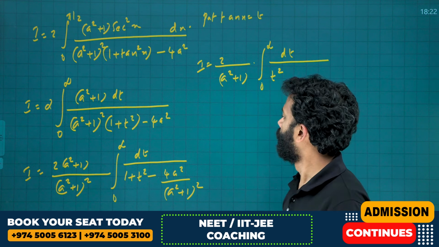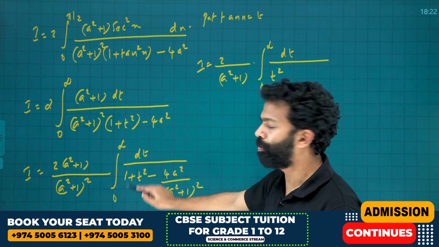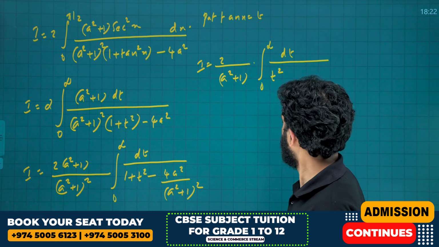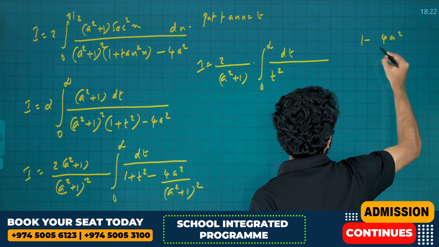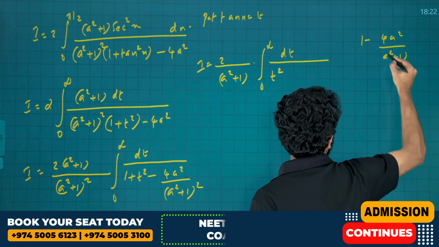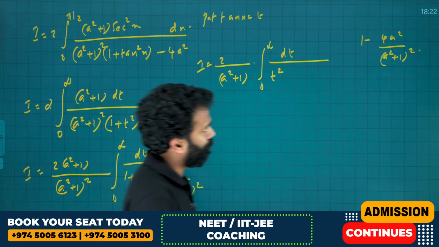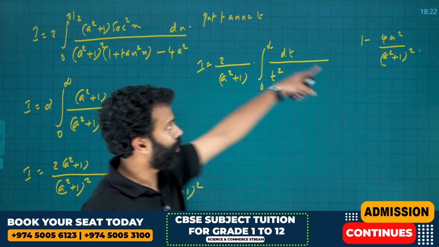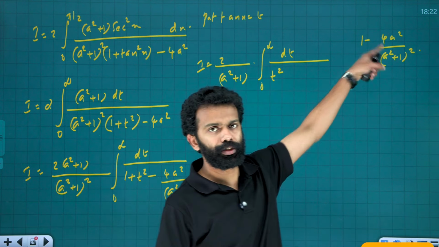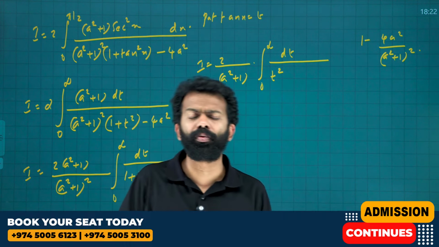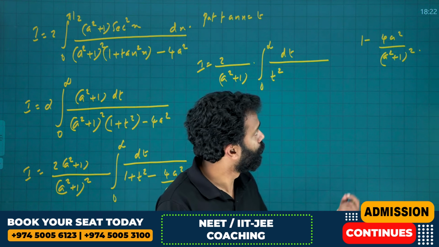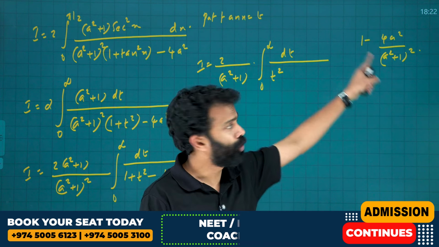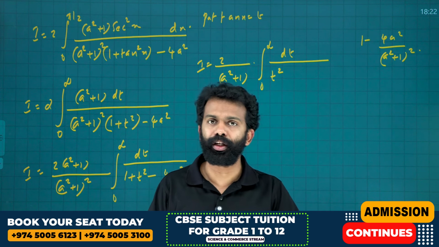t square plus 1 minus 4a square by a square plus 1 square, right? That is 1 minus 4a square divided by a square plus 1 the whole square. If you cross multiply, you will get a square plus 1 the whole square minus 4a square. And what is a square plus 1 whole square? That is a raised to 4 plus 2a square plus 1. 2a square minus 4a square is minus 2a square.